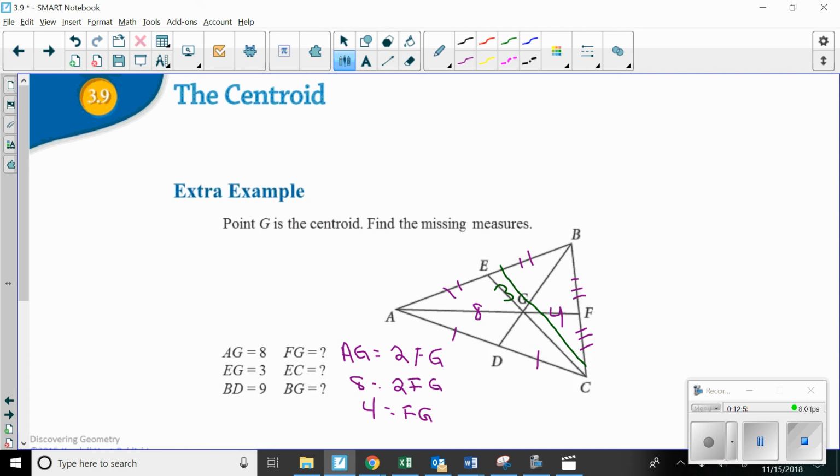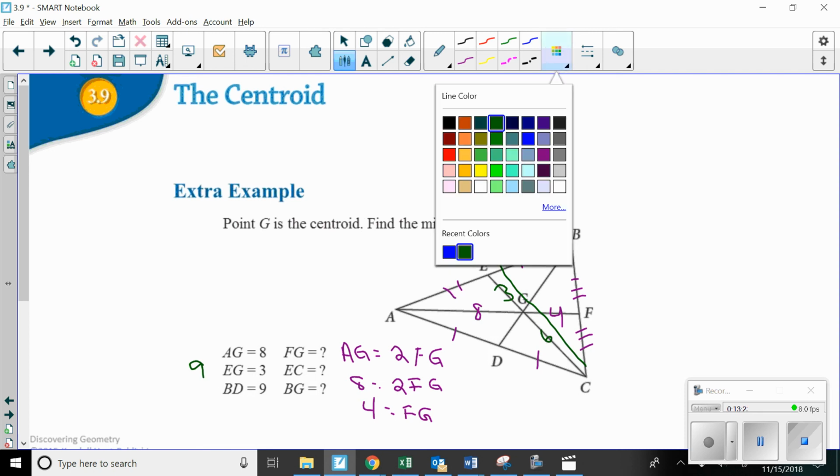So we know that the distance from the centroid to the midpoint is half the distance from the vertex to the centroid. So that makes this GC segment 6 units. So if we're looking for the entire thing, EC is 6 plus 3, or 9.